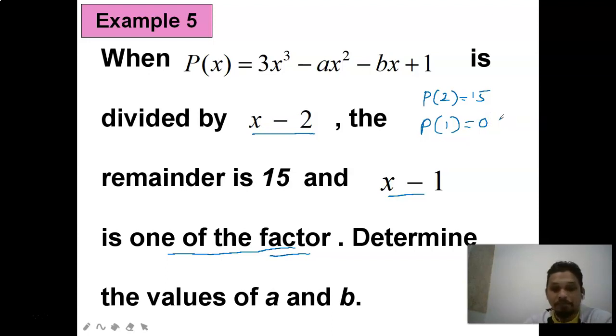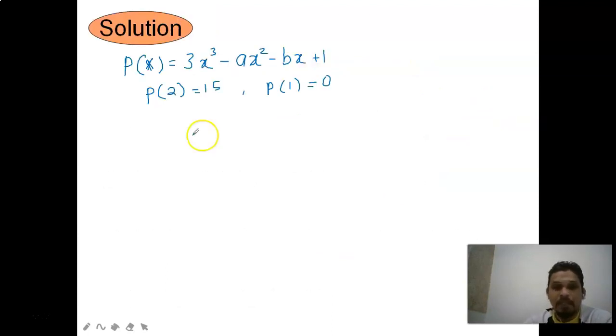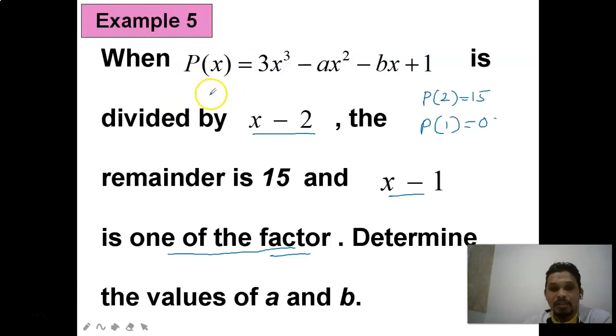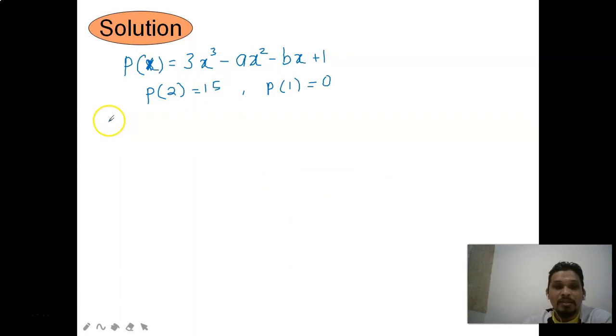Okay, now you can see here the polynomial given, and these two from the information in the question. So the question wants us to find the values of a and b. So substitute P(2) equal to 15.